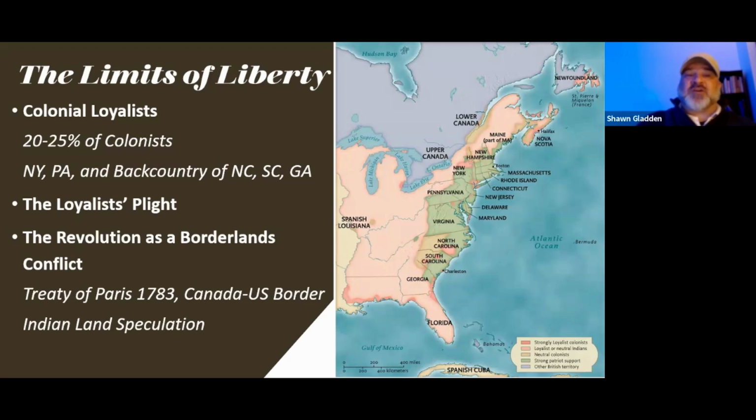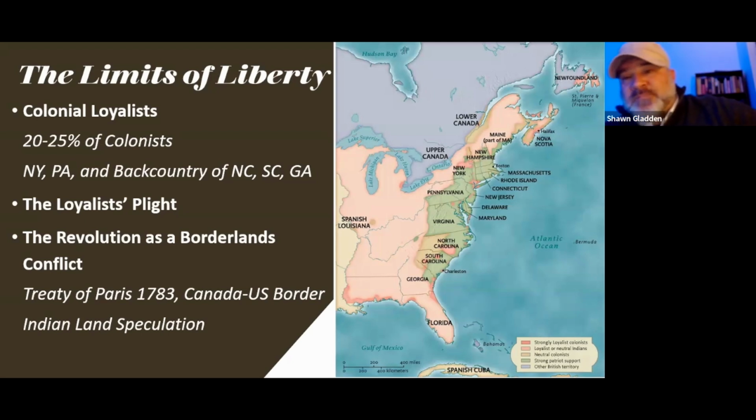These loyalists represented a cross section of colonial society. Mostly they were merchants with strong trade ties, conservative elites. Many of them were enslaved people who were promised freedom by the British as a part of Lord Dunmore's proclamation. Regions like New York, Pennsylvania, and the backcountry of North and South Carolina and Georgia had significant loyalist populations.